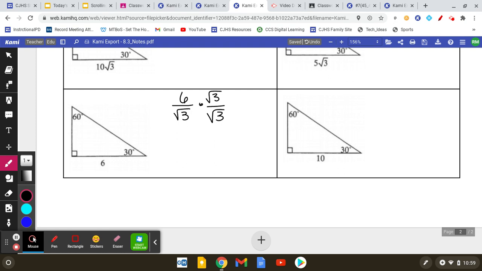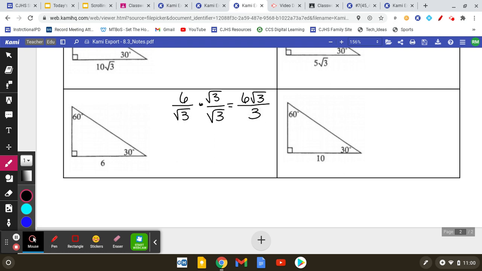I have a couple people saying no. Why no? They're not both underneath the square root, or they're both not whole numbers. So we can't do that. So we're going to have to rationalize, and get 6 square root 3 over 3.